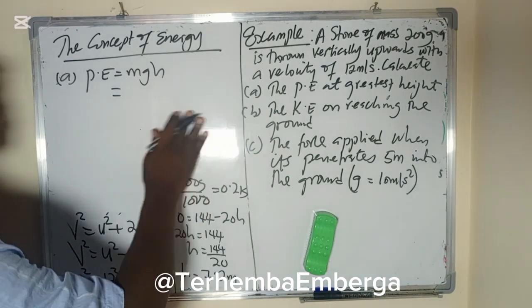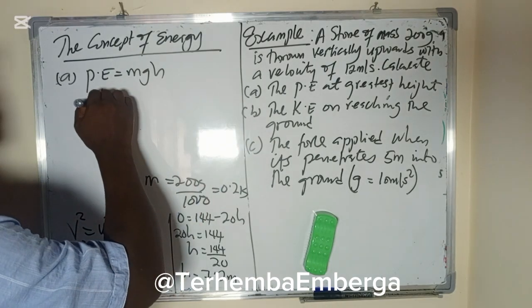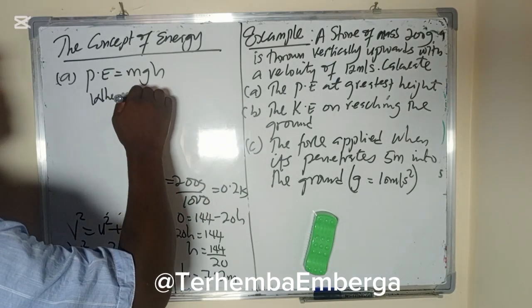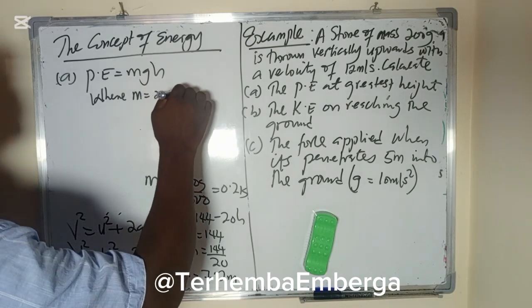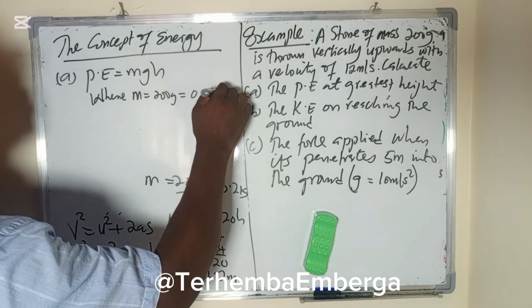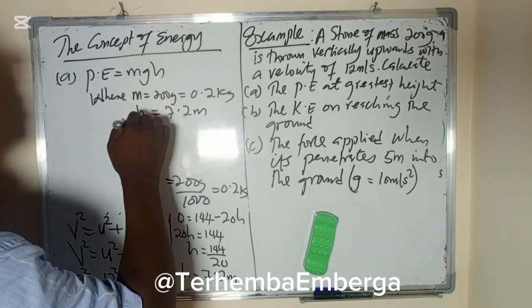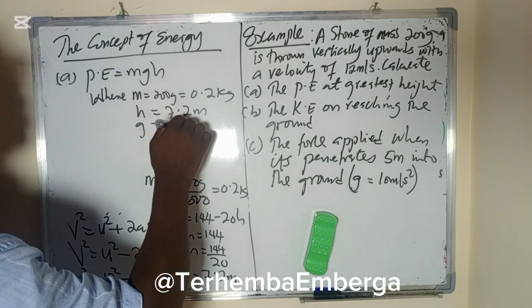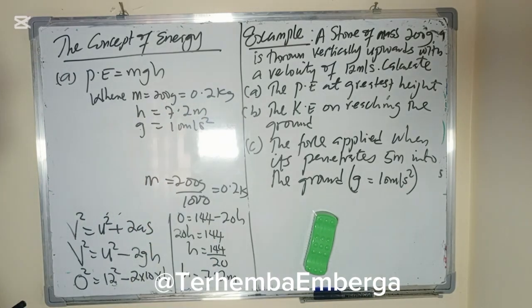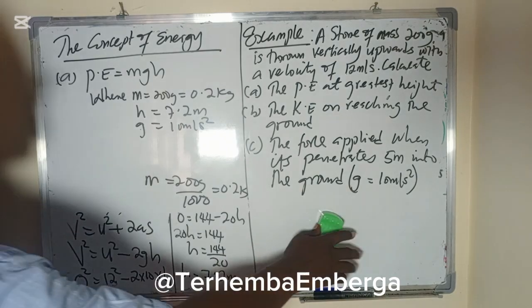So in this case, m is equal to 200 grams, which is equal to 0.2 kg, and h we calculated to be 7.2 meters, and g is 10 meters per second squared. So what you do here is just substitute.